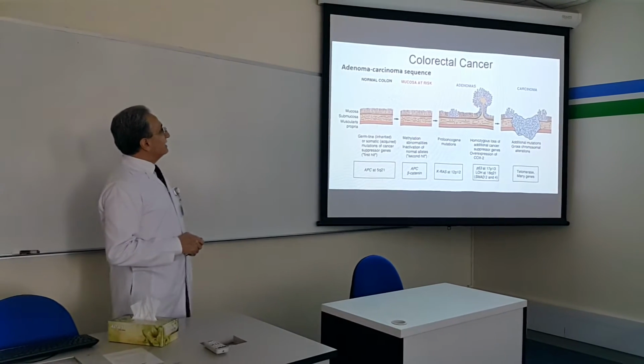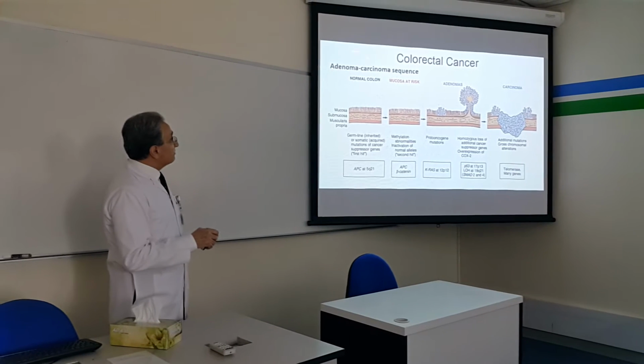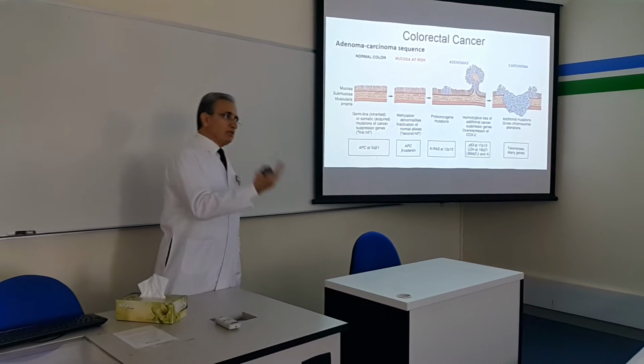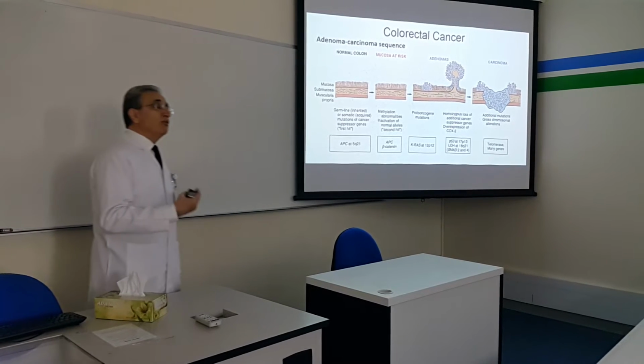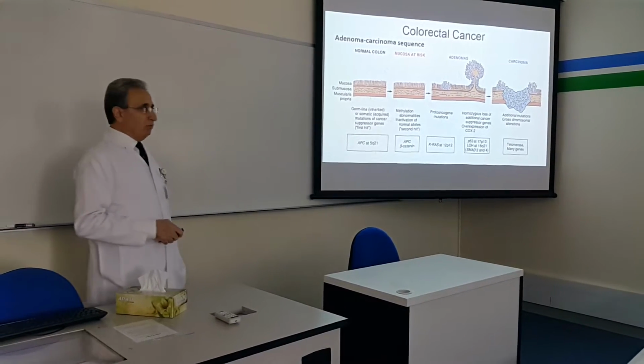Here you can see a concept called the adenoma-carcinoma sequence. That means an adenoma, a benign tumor, can proceed into carcinoma after accumulation of genetic changes we call mutations, and you're familiar with what we mean by mutation.